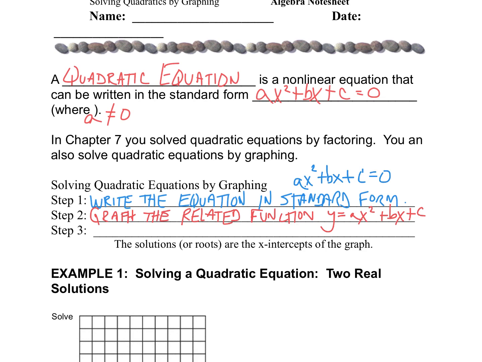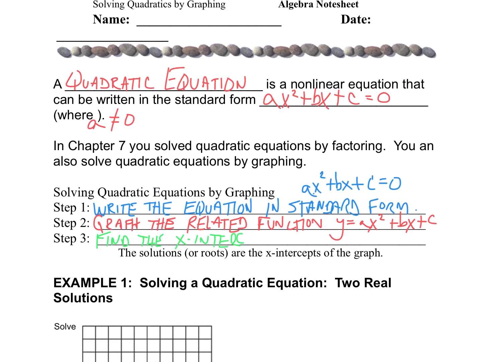Then lastly, we are going to find the x-intercepts, if any.